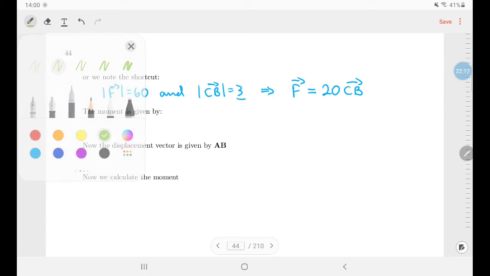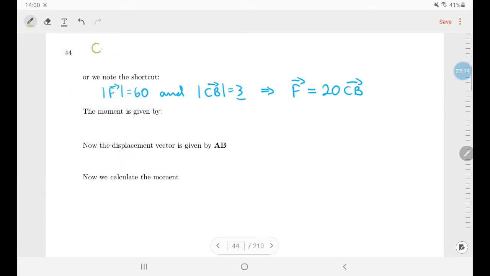So CB hat is equal to CB divided by its own length. CB is minus 2, minus 1, 2. Its length is 3. And now, so that's length 1 in the right direction for the force, but the magnitude of the force is 60.